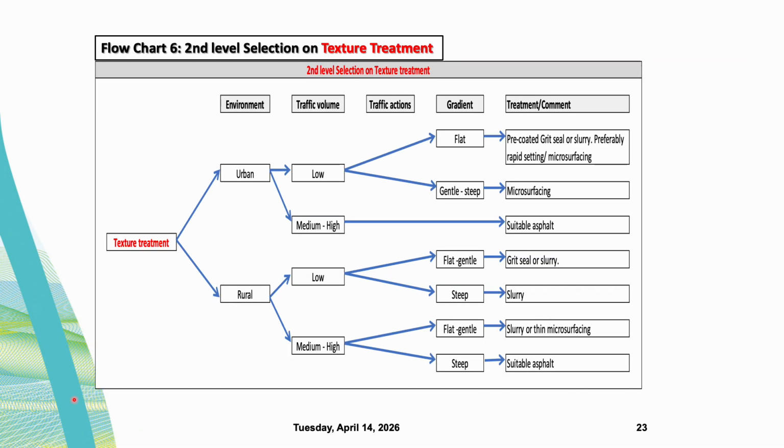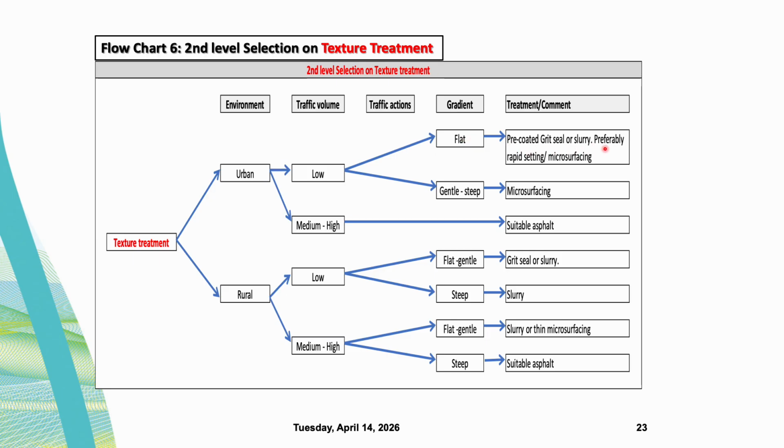Number 6, you want to do texture treatment. If you're in the urban environment, you can follow by looking at the environment. You're urban, you've got a low traffic volume, there are traffic actions, the gradient is flat, a pre-coated grit seal or slurry is preferable.